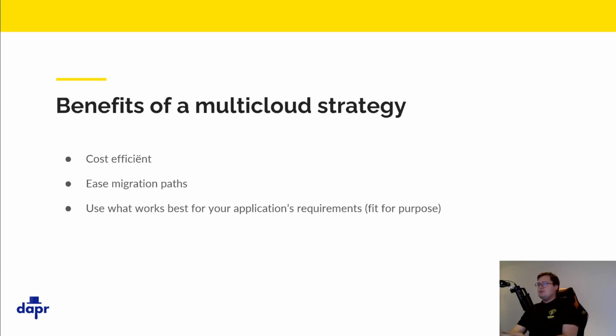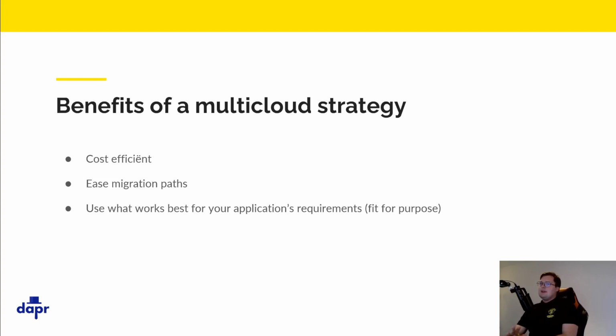So the benefits of having a multi-public cloud strategy are that it's more cost efficient, because some services like storage are way more cost efficient on AWS, and stuff like identity access management is way more cost efficient on Azure.